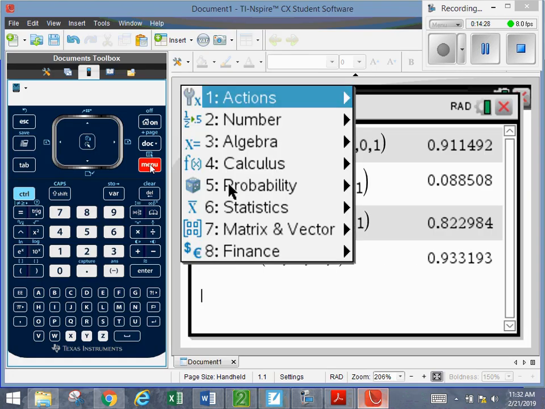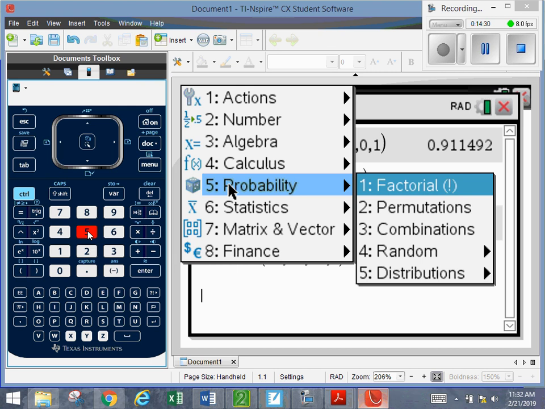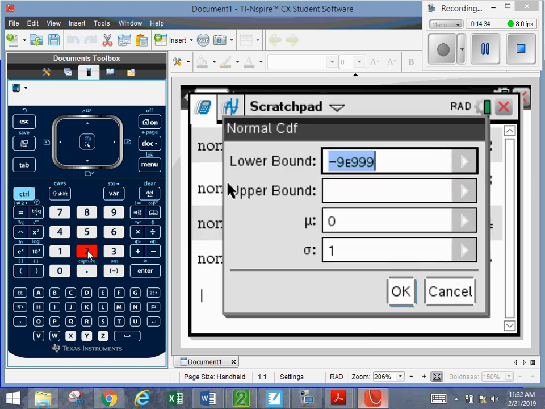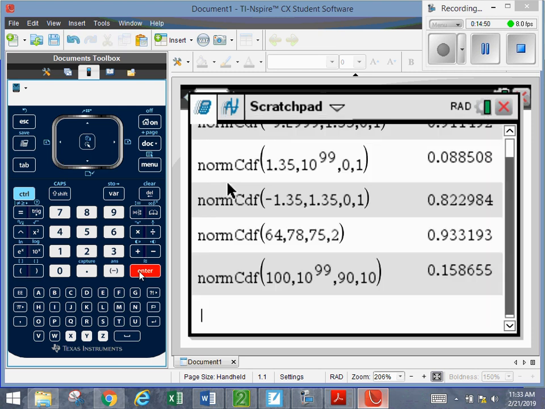Normal CDF. So we said 100. Upper bound was 10 to the 99th. Mean was 90, standard deviation of 10. We get approximately 0.159.